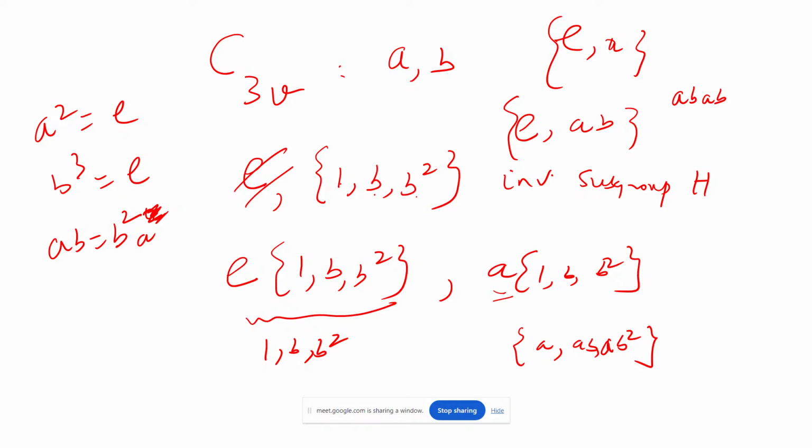So you have to use the fact that AB is B squared A. Then this is identity, and that is identity. So this is also an order 2 subgroup. So you can use any of these candidates from the coset group to write the union element. It's allowed.